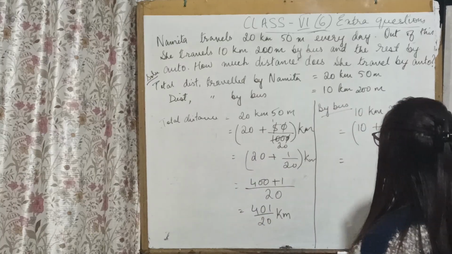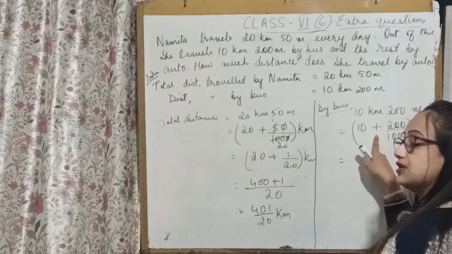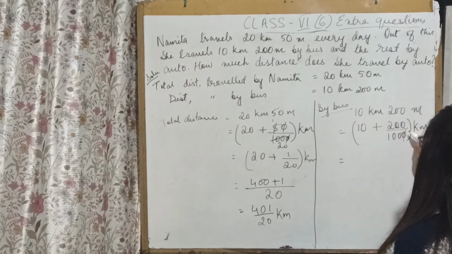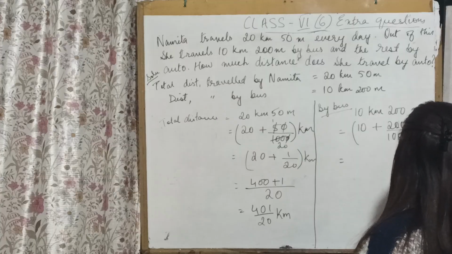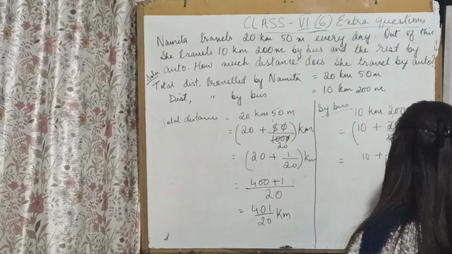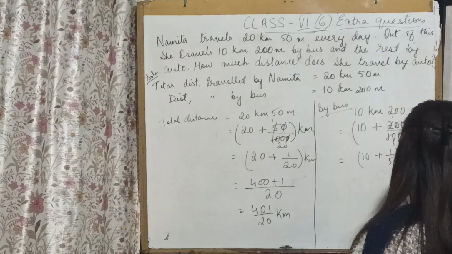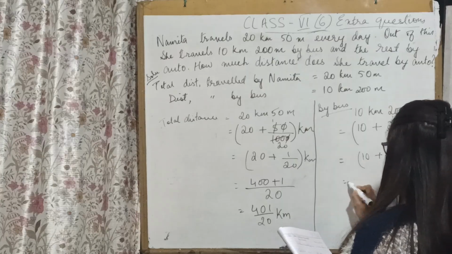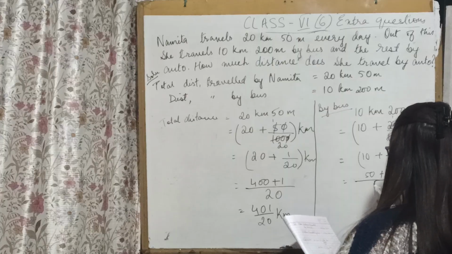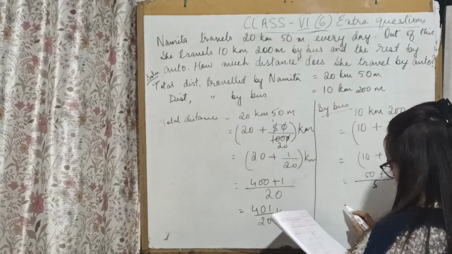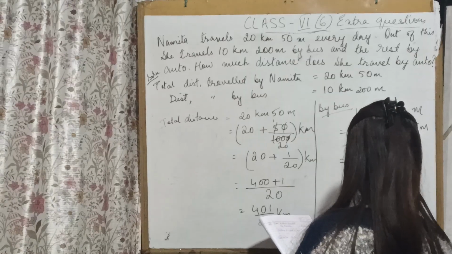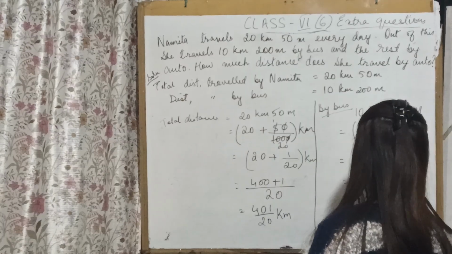Don't do this blunder mistake. In between we do not have a multiplication sign. It's a plus. So only upar niche ka hi cancel hoga. 2 ones are 2, 2 fives are 10. So it's 10 plus 1 by 5. 50 plus 1. So that gives you 51 by 5 kilometer.